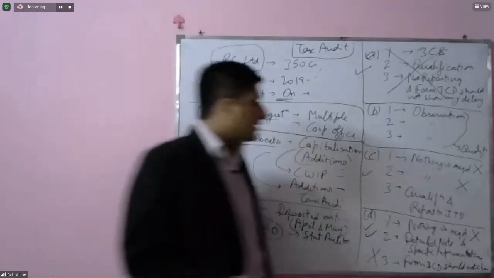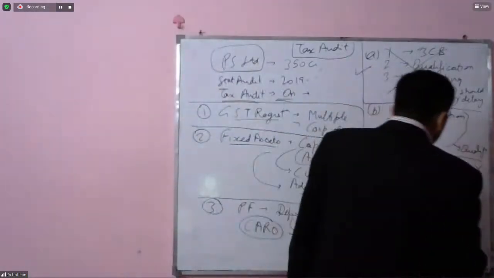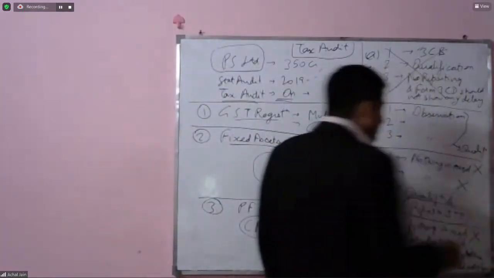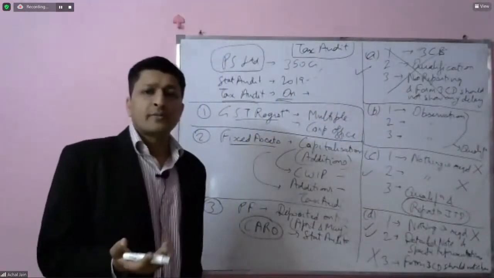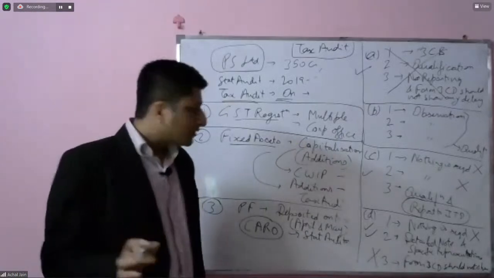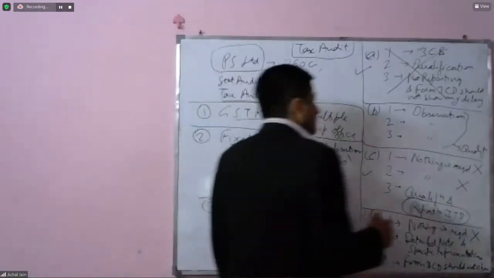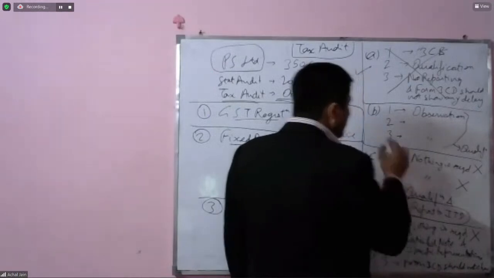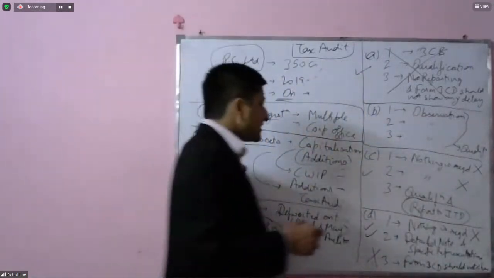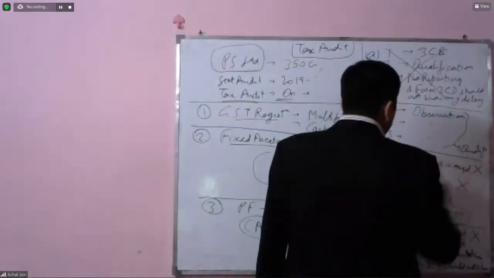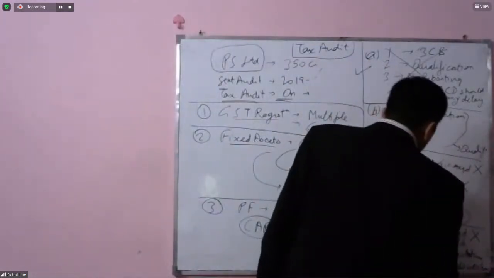So that's why there is no need to report it separately, because he is already reporting it in the form of his audit report. Correct? Yeah. But because point 1 and 2 are not correct, that's why option number C is also not acceptable, and neither is option number D.